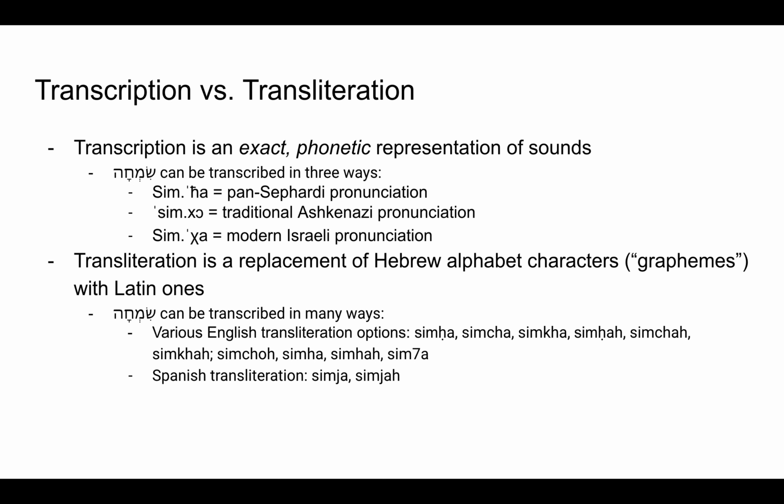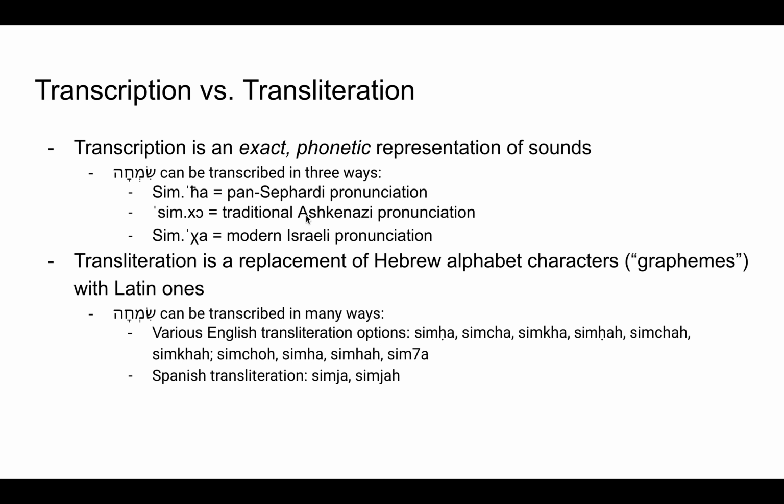And so you can see here transcription of the Hebrew word written here, which I'm not going to pronounce, but I'm going to show you on the screen, or say the letters, sin, mem, het, he, and we're going to look down here, and you can see there are three different transcribed words, which reflect different pronunciation. So a Sephardic pronunciation would be simha, with the het sound being kind of a breathy sound.